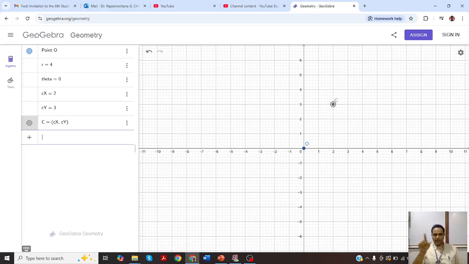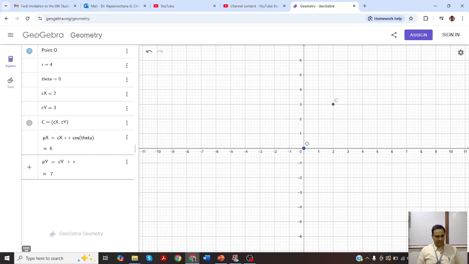Now we need to have a point moving on a circle with radius 4. So for that we'll require px is equal to, again component by component I'm doing, cx plus r into cos of theta. Py is equal to cy plus r into sine of theta.